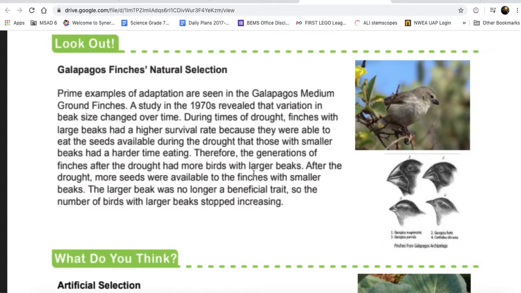Therefore, the generation of finches after the drought had more birds with larger beaks. After the drought, more seeds were available for the finches with smaller beaks. The large beak was no longer a beneficial trait, so the number of birds with larger beaks stopped increasing.